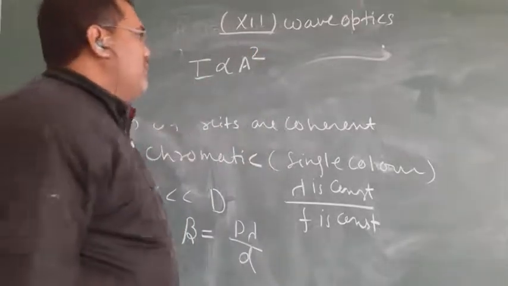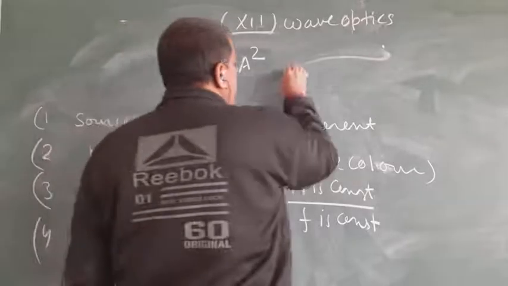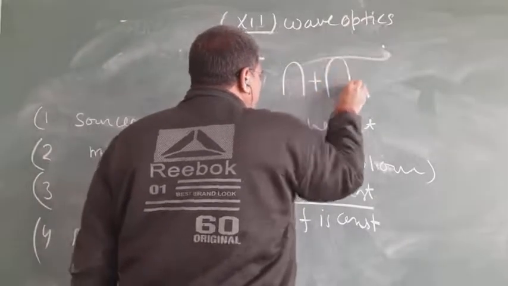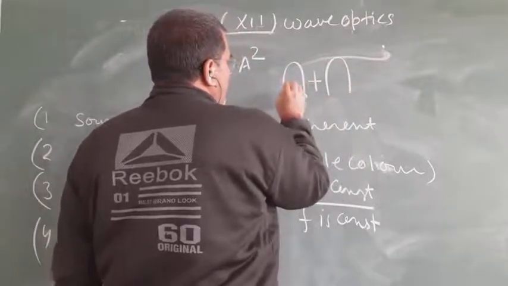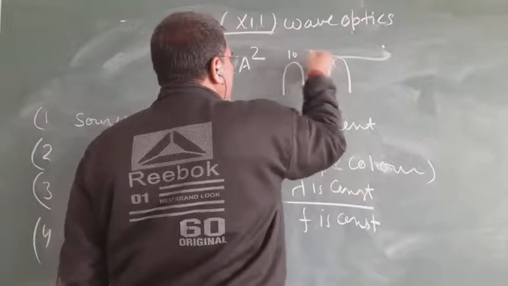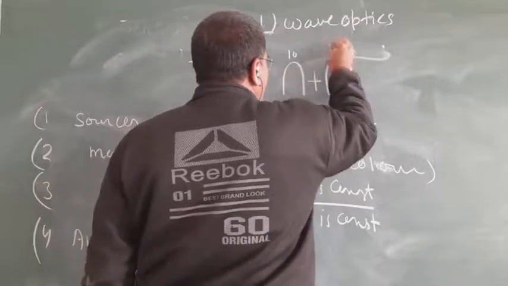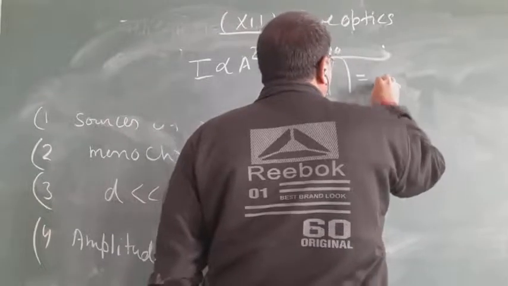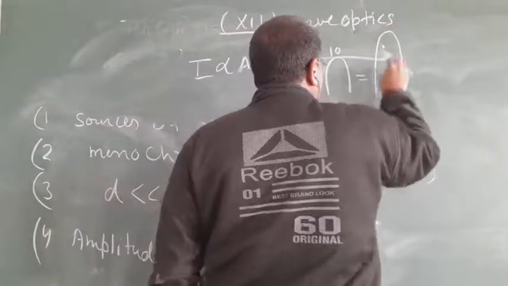So if the amplitude of two waves is the same, and they interfere in the same phase, suppose this has amplitude 10 units and this also has amplitude 10 units, then the amplitude of the resulting wave will be 20.